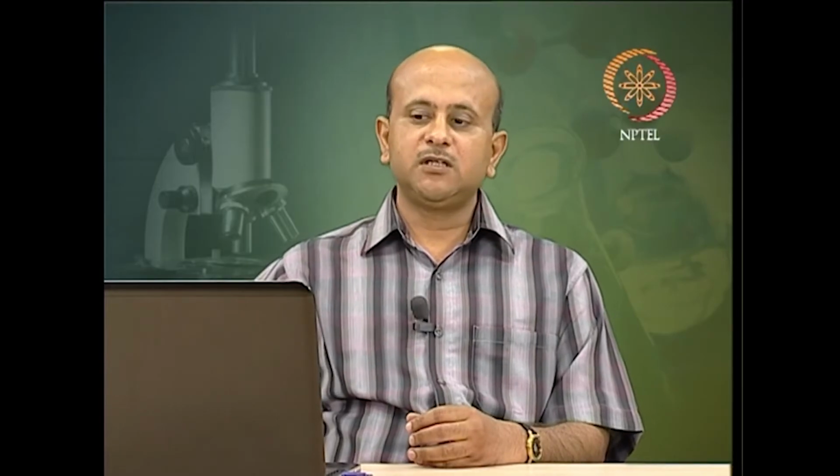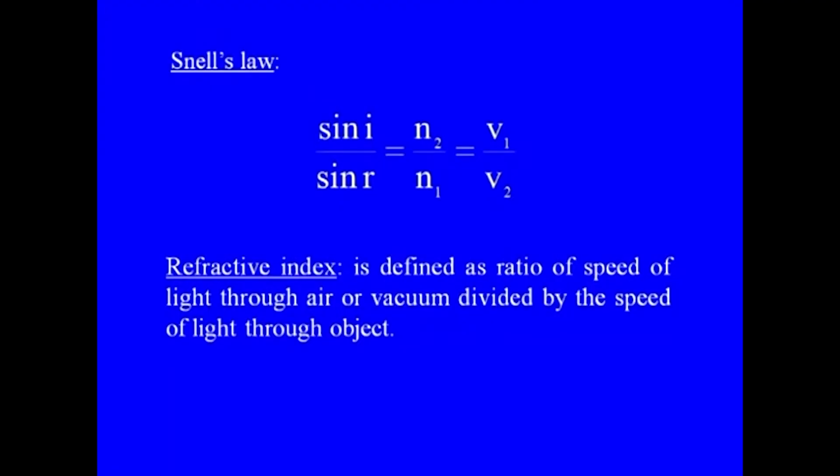The relationship between the angle of incidence and the angle of refraction is explained by Snell's law, where sin i upon sin r equals n2 upon n1. Here n2 and n1 are refractive indices of the media, and i and r are the angles of incidence and refraction.